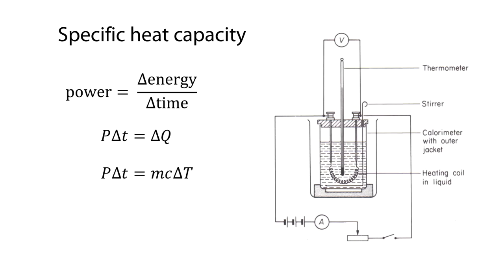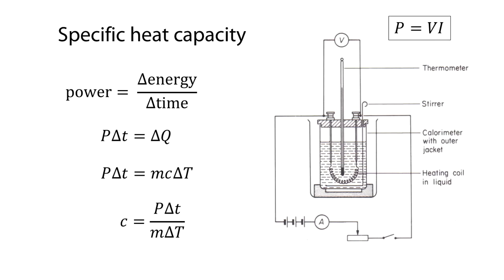So you have power multiplied by the time taken, Δt, will equal the mass of the substance multiplied by the specific heat capacity multiplied by the change in temperature. Rearranging, therefore, C equals the power times the time taken divided by the mass multiplied by the change in temperature.